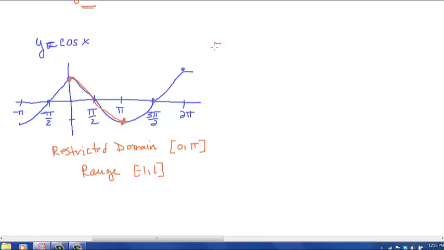So what does that mean for y equals cosine inverse of x? So that means that the domain is from negative 1 to 1, and the range is from 0 to pi.